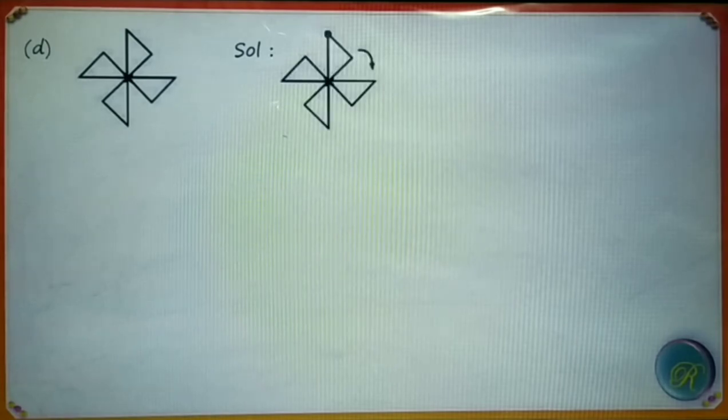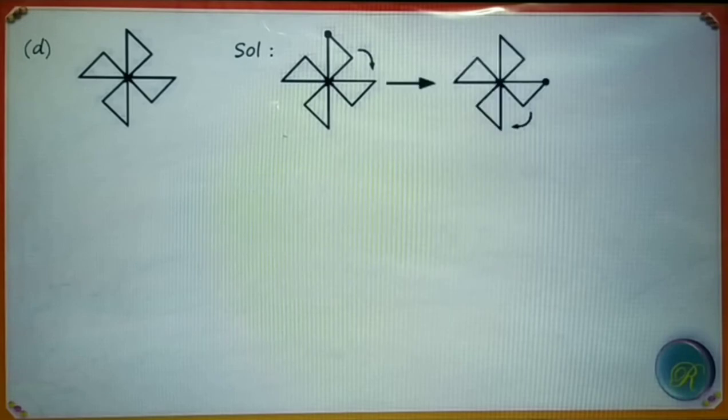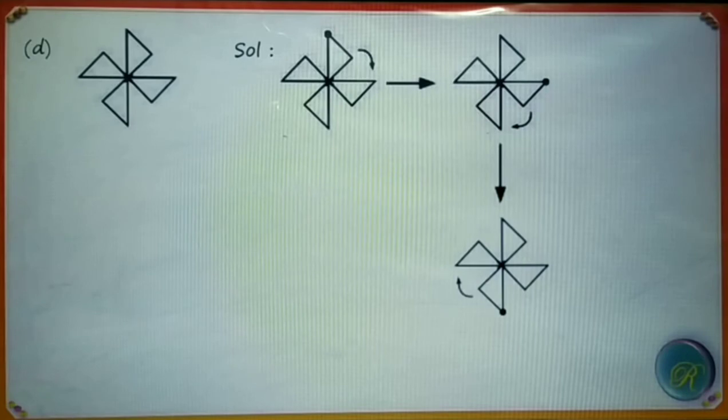Figure D. Solution. Consider the given figure. When we rotate this figure about 90 degrees in a clockwise direction, then the new position of the figure is like this. Again, when we rotate it by 90 degrees, the next position is like this.